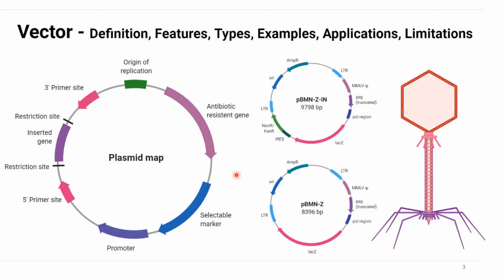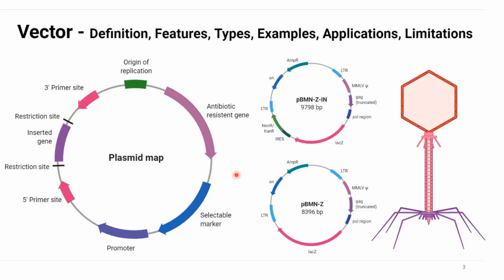The DNA insert that is transmitted via vector is termed as recombinant DNA, and this entire process is very prominently used in molecular biology. Now, these vectors are usually DNA substances that carry different parts involved in different functions. These vectors usually have an insert, which is your gene of interest, and a larger sequence that will be the backbone of the vector, which is responsible for the structure of the vector.